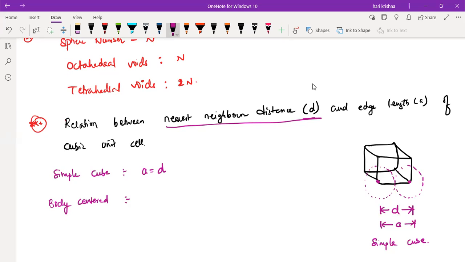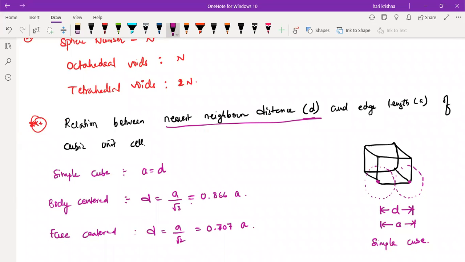So if you take the nearest distance now, that is D equal to root 3 A by 4. That is the relationship. In the case of face centered, it is D equal to A by root 2. That is approximately equal to 0.707A. Okay, these are the relationships between the nearest distance of atoms and the edge length.